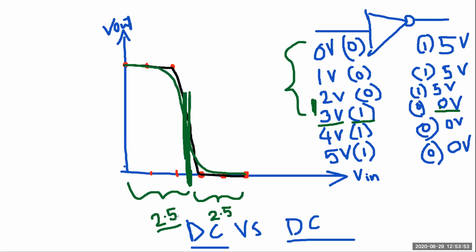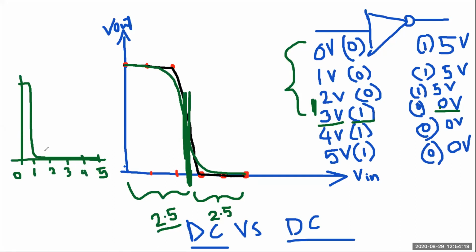That means your system can take a noise that is 2.5 volt or less. That is the flexibility. If you have a graph like this, this is 1 volt, this is 2, this is 5, this is 0.